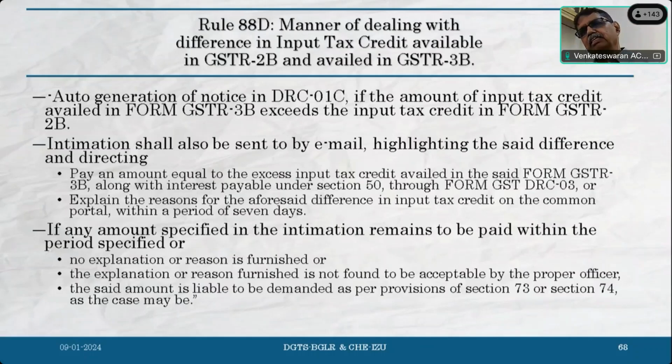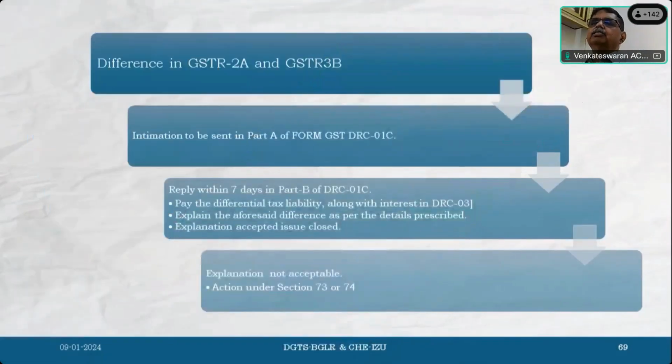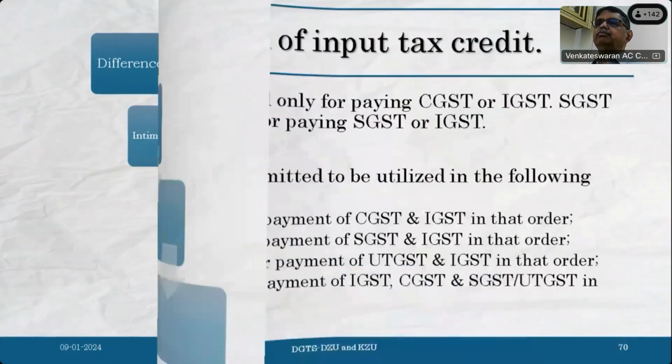Your subsequent returns will not be possible. Thereby you land yourself in penal action and also make your supplier miserable by denying the rightful credit. So this is very much important. Difference in 2A and 2B: intimation is sent, reply within 7 days. If the explanation is accepted, it is closed. Otherwise, action will be taken under Section 73, 74.